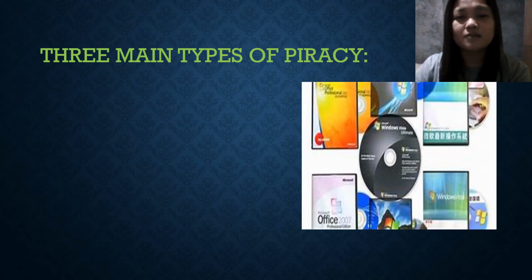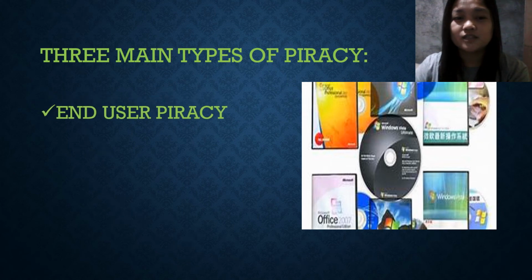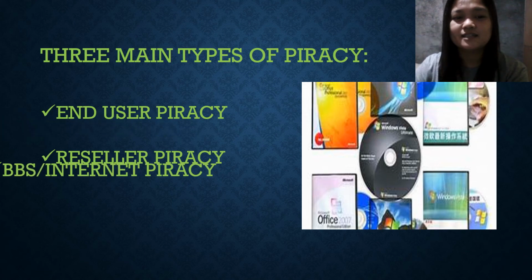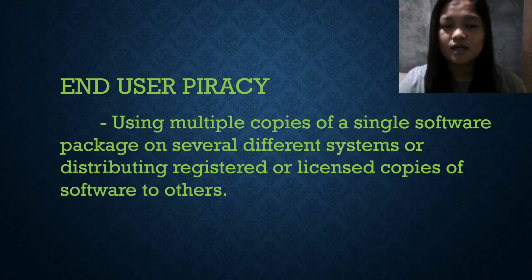The three main types of piracy are end-user piracy, reseller piracy, and BBS or internet piracy. End-user piracy is using multiple copies of a single software package on several different systems or distributing registered or licensed copies of software to others.